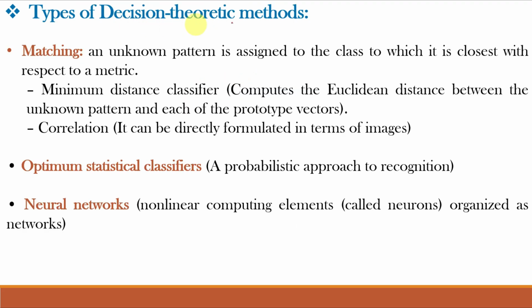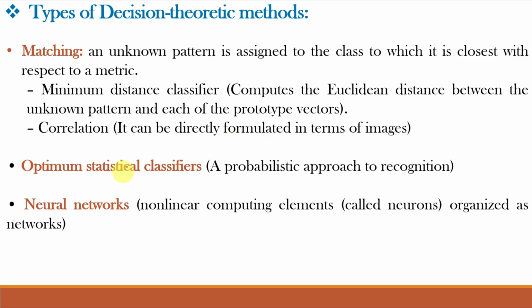Okay, the decision theoretic methods are of three types: matching, optimum statistical classifier, and neural networks. In matching, an unknown pattern is assigned to the class to which it is closest with respect to a metric. This can be done using minimum distance classifier, which we'll be studying in detail. It computes the Euclidean distance between the unknown pattern and each of the prototype vectors. And the other technique in matching is correlation, where it can be directly formulated in terms of images, or correlations can be established.